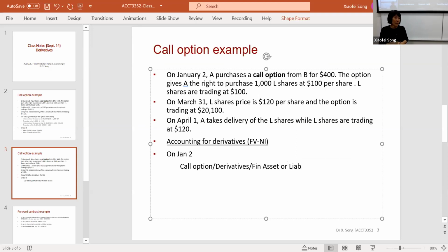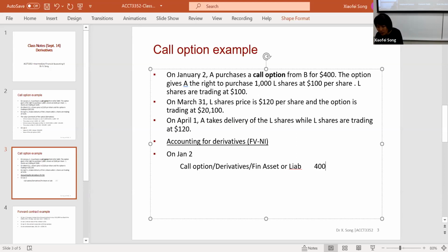It's obvious it's a financial asset, not a financial liability, but sometimes the value can go the other way. In this case, you at most reduce to 0, right? But if it's a forward contract, it can go negative, then become a liability, right? So all of that will be fine. I'll put them all out there the first time. After that, I will just simplify and call it the call option, right?